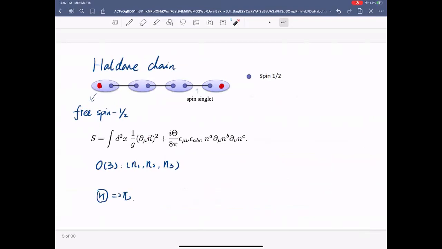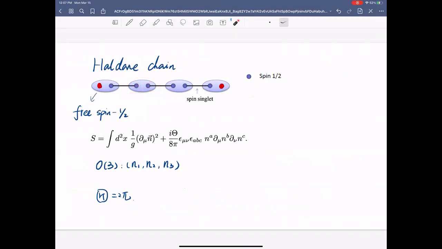Okay, so now let's have a 10-minute overview of a well-known example of a 1D topological phase transition. The topological phase we will begin with is a symmetry protected topological chain known as the Haldane chain, where in 1D we have a unit cell which contains two spin-1/2 degrees of freedom on the same site.